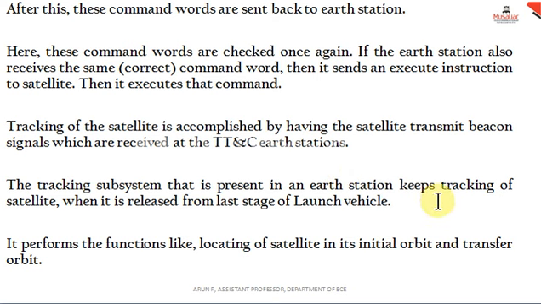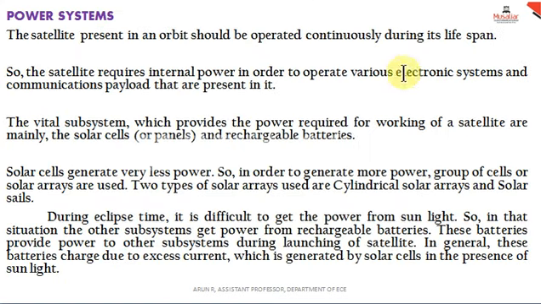And the next system is the power system. In order to operate continuously during its lifespan, the satellite definitely needs some power system. This is a vital subsystem, and most of the power systems in a satellite are operated by solar cells or rechargeable batteries.